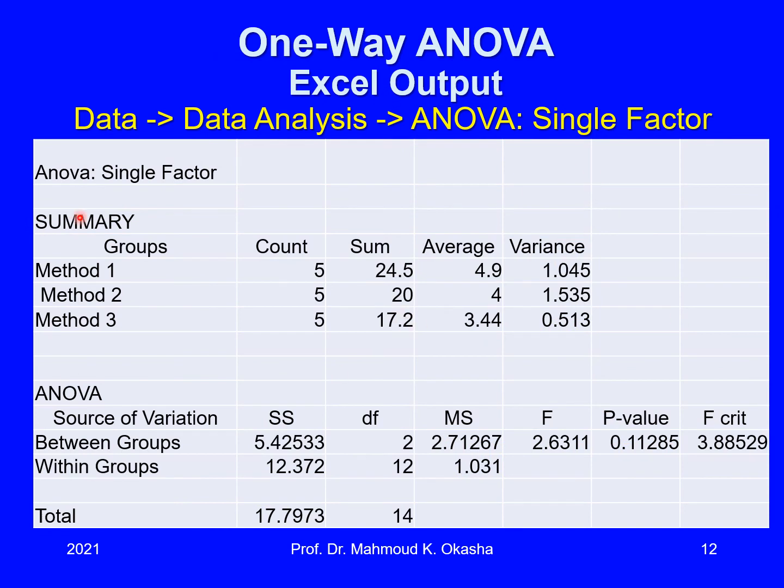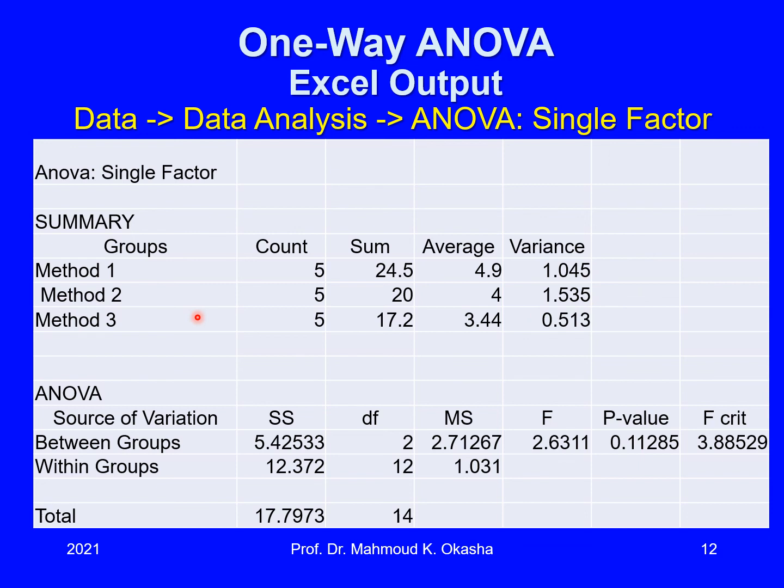Again, how to do that in Excel? You go to Data, then at the top right-hand corner you find Data Analysis. Press it, and find in the pop-up menu ANOVA: Single Factor, and mark the observations. You will get this result.